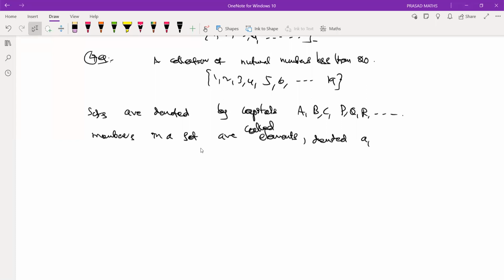So a set is nothing but a collection of well-defined objects denoted by capital letters, and we write the elements with small letters, like a, b, c, going on, right? And once you have a set, suppose you have one like this.